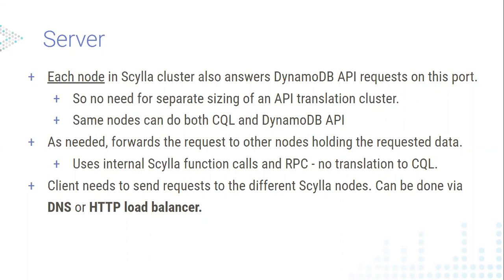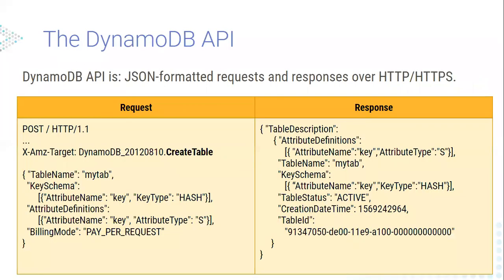And because you need to pick one of these nodes randomly, usually you have some sort of either a DNS or an HTTP load balancer in front of this. So the client doesn't need to know about all these nodes, and it just picks one endpoint and connects to it. So this is the way the Scylla and Alternator servers work.